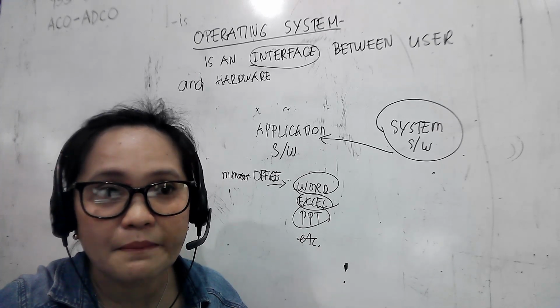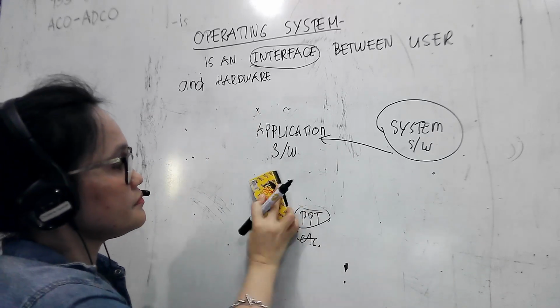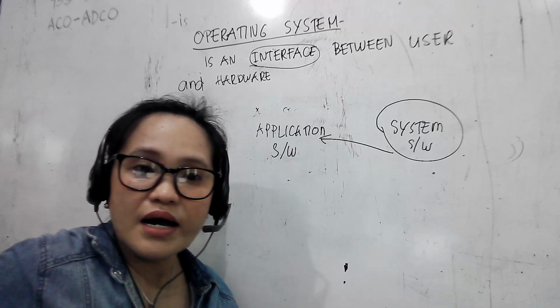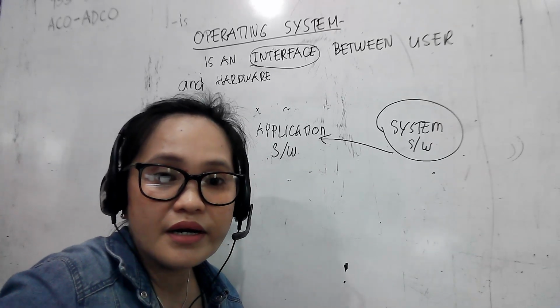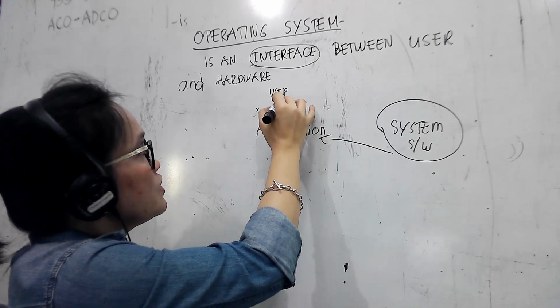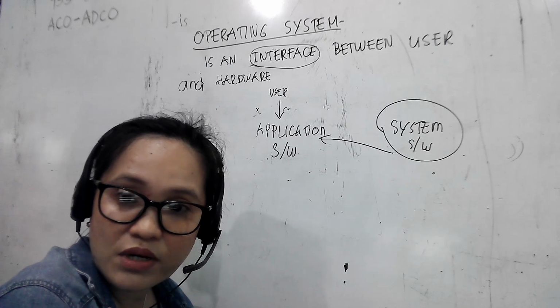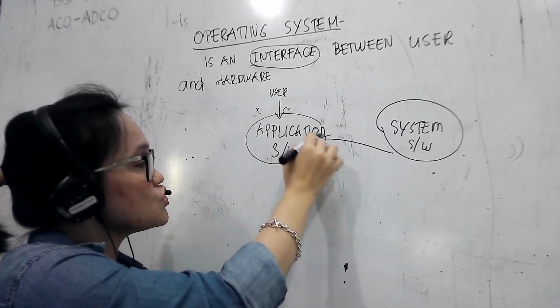Let's say, for example, here is the user. The user will input whatever he wants to do with the application software.